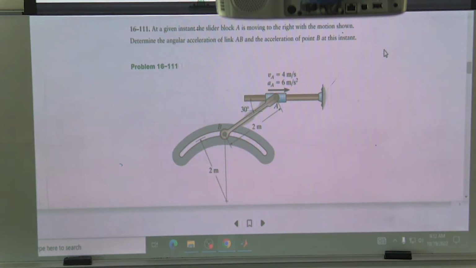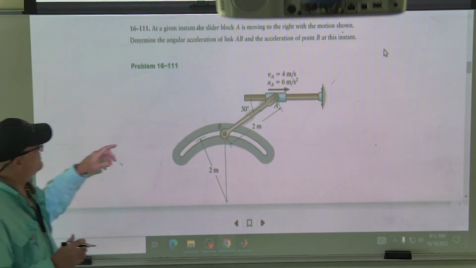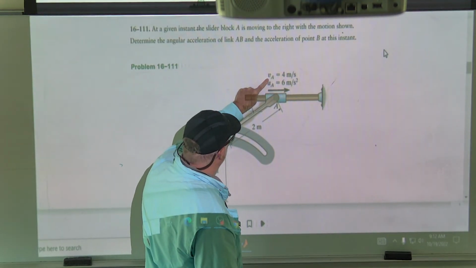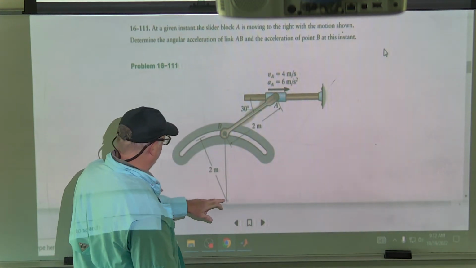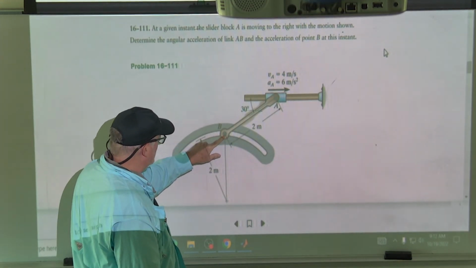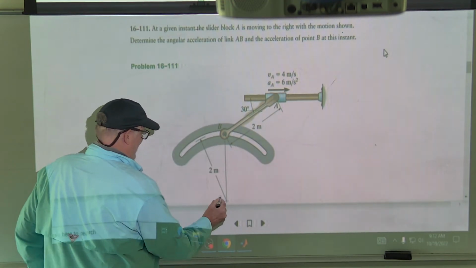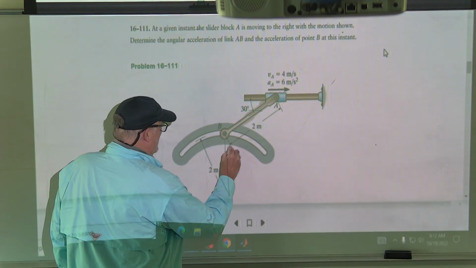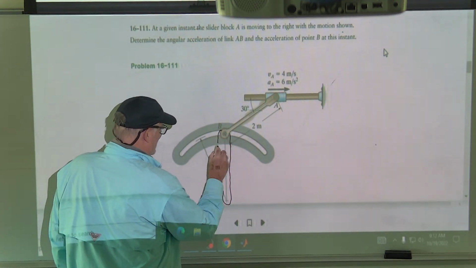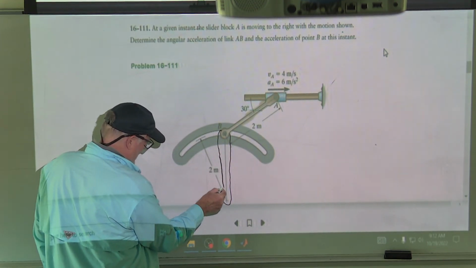Okay, so here's the problem. And he gives you the velocity and then the acceleration. And actually, although there is not a link there, it is as if there is one, because it follows that path.